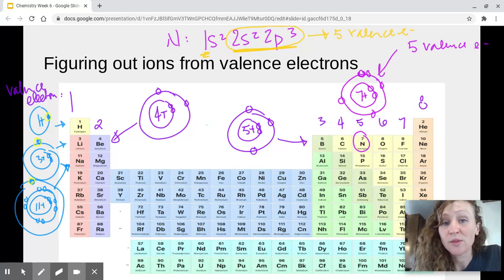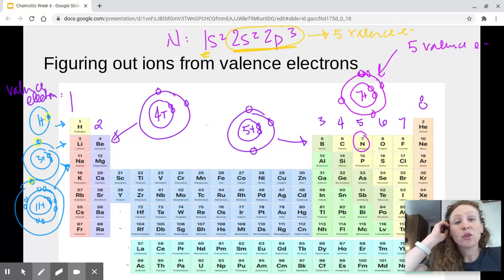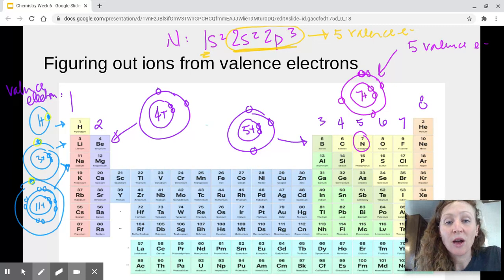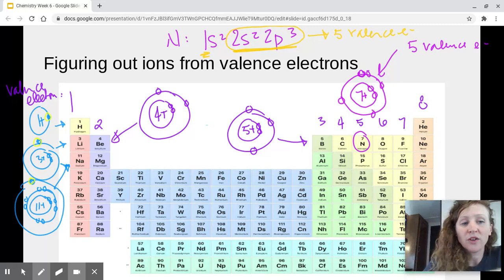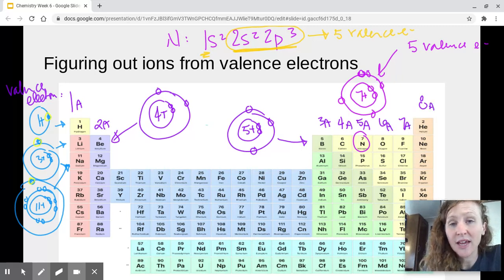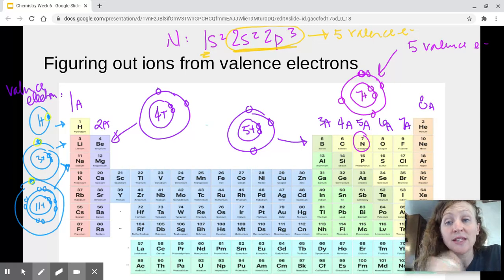You can also do this by drawing out the electron configurations. And so this is the third way to figure out how many valence electrons an atom has, by looking at the family that it's in. If it's a representative element, then its family number, if you're looking at the 1A's, 2A's, 3A's, and so on, is how many valence electrons it has.